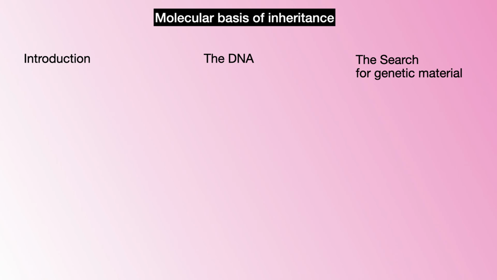Similarly, viruses grown on radioactive sulfur contained radioactive protein. Now, these two types of radioactive viruses were allowed to infect bacteria. They used a blender and a centrifuge to remove viral coats from bacteria and to separate virus particles from bacteria, respectively.